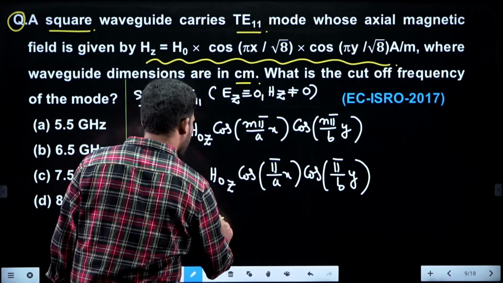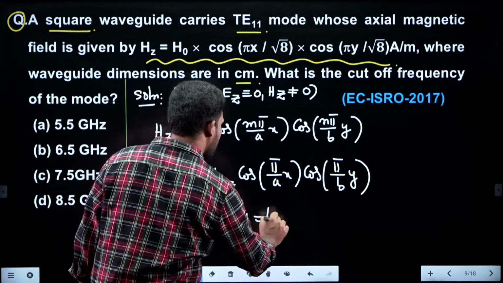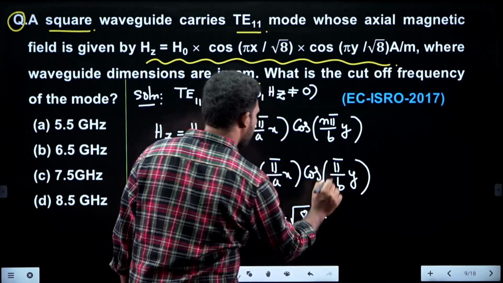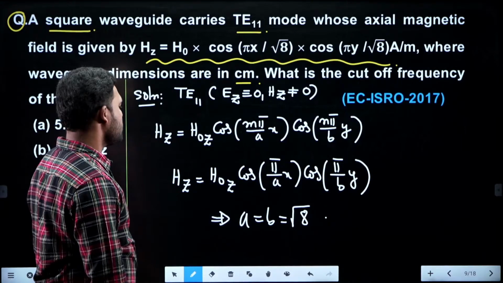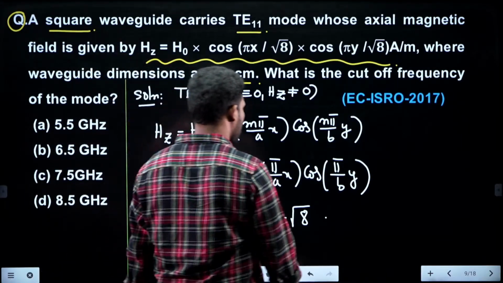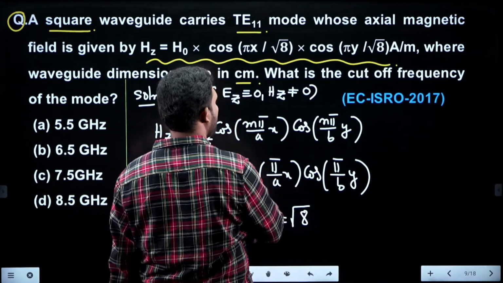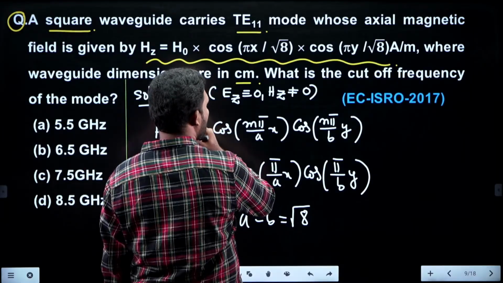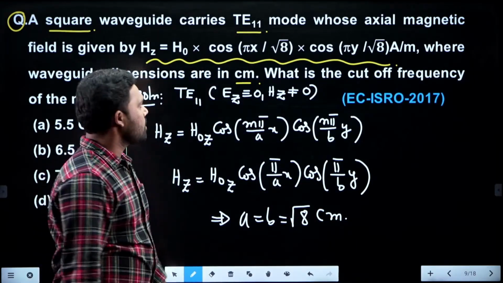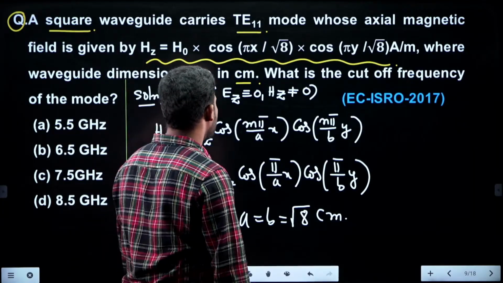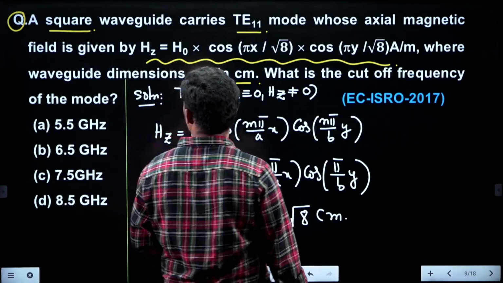This implies by comparing, a is equal to b is equal to root 8 centimeters, obviously. He said centimeters.